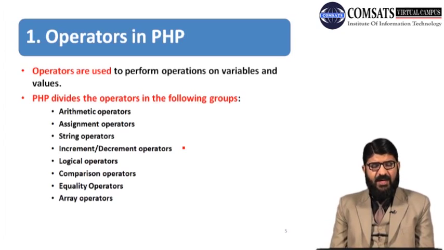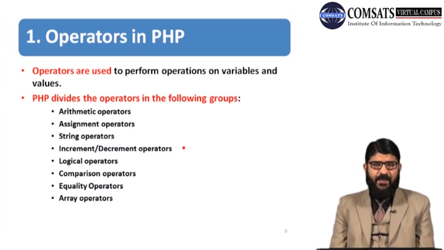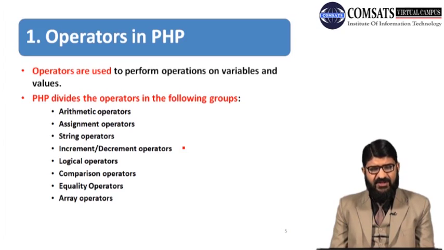Operators in PHP are basically used to perform different operations on variables and their values. So, if you want to use the variables for different sort of calculations, you need to use operators. And PHP divides the operators into the following major categories.